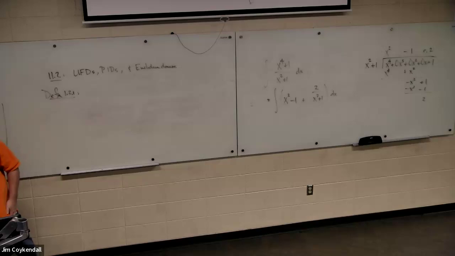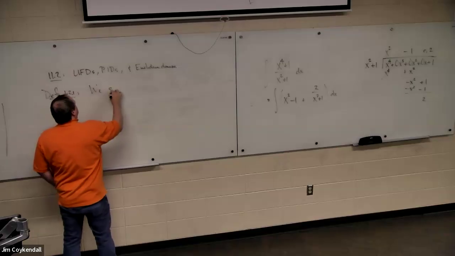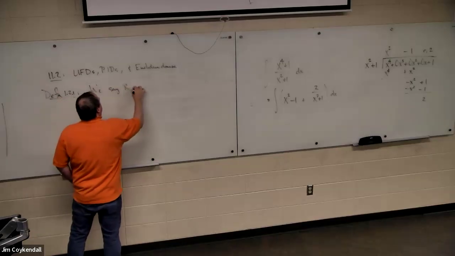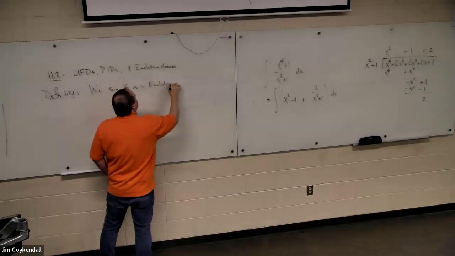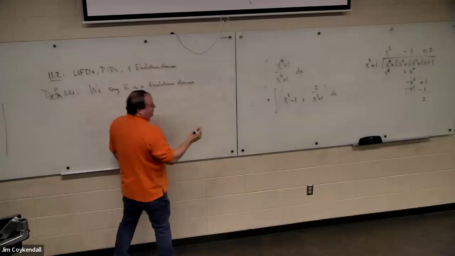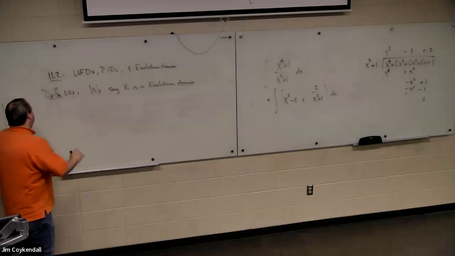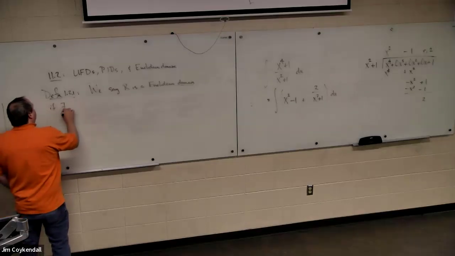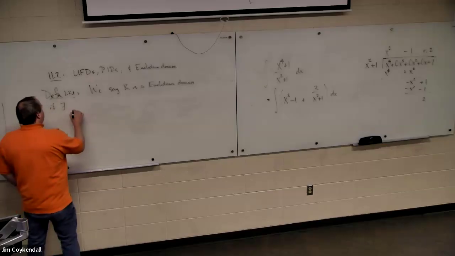We say that R is a Euclidean domain if there is a function, and again, I'm talking about an integral domain. So first and foremost, this has to be an integral domain. If there exists a function, and this is sometimes called the Euclidean norm or just the Euclidean function.